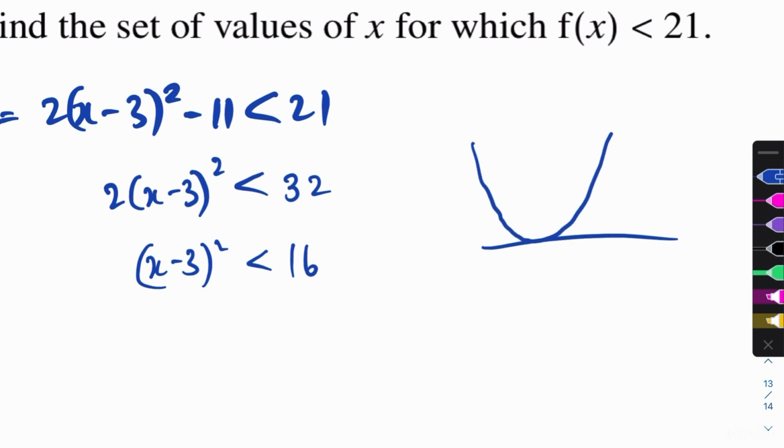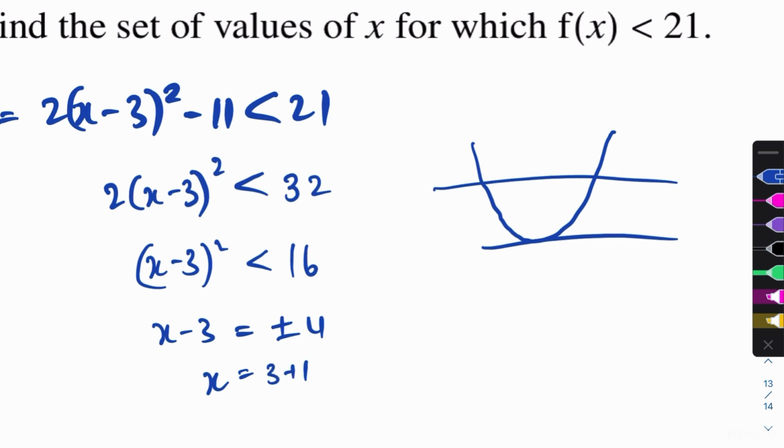It's going to look something like this. I want it to be less than 16, so I'm just going to make this an equivalent thing for the moment, and x equals plus or minus 4. So x is going to equal 3 plus 4 and 3 minus 4.